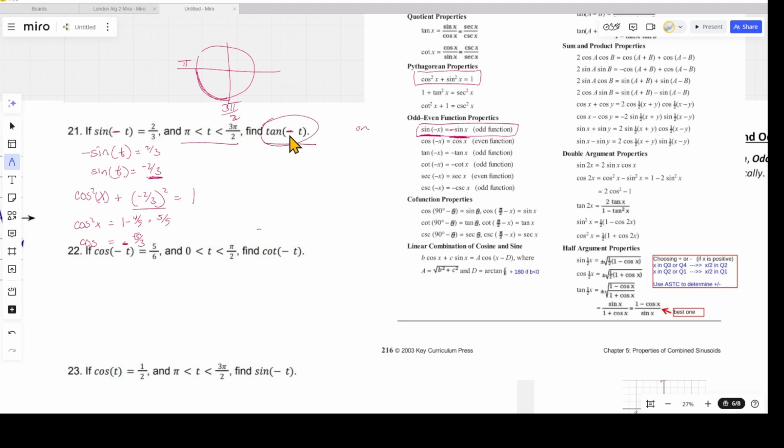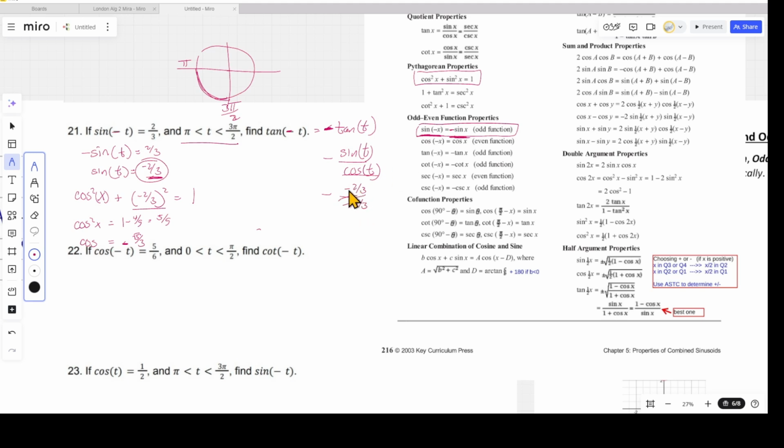And for tangent, I also want to get rid of that negative. So I come over here. In tangent's case, also it becomes just negative tan of regular old t, positive t. And then since tangent is sine over cosine, I can replace sine with negative 2/3 and replace cosine with negative root 5 over 3.